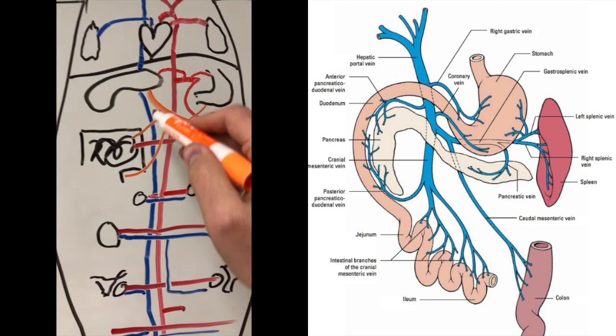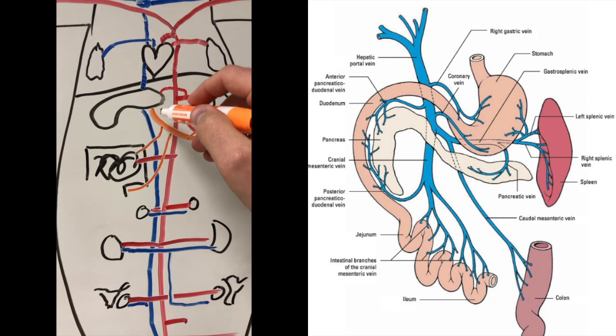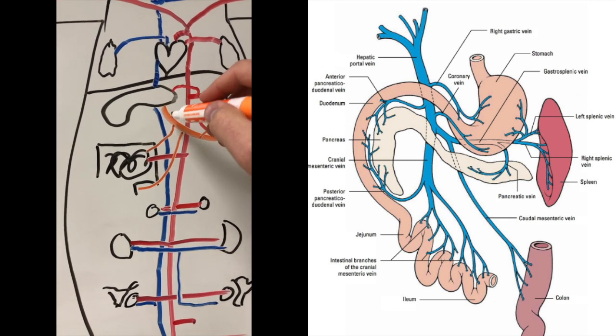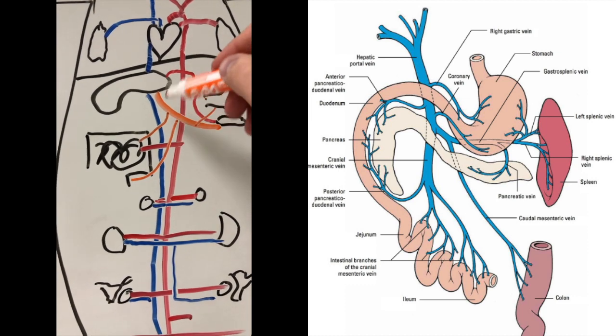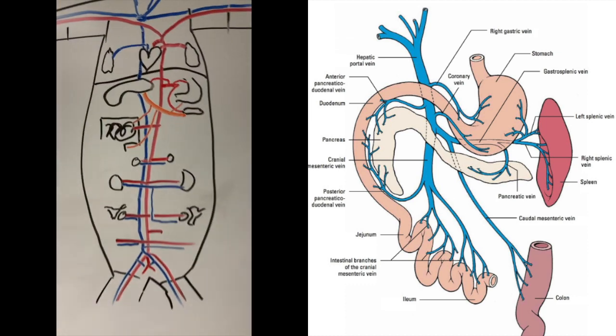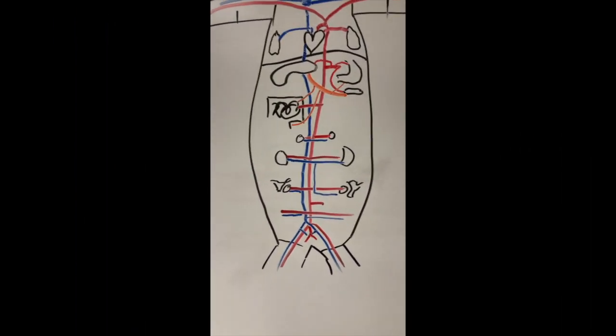After the superior mesenteric vein joins, this becomes the hepatic portal vein. So this segment right here, after the last tributaries join, becomes the hepatic portal vein. So now we have all of our major organs being supplied with blood and being drained as well.